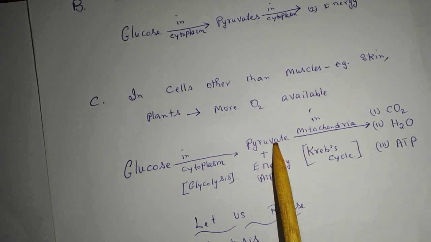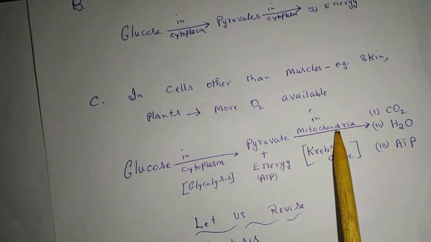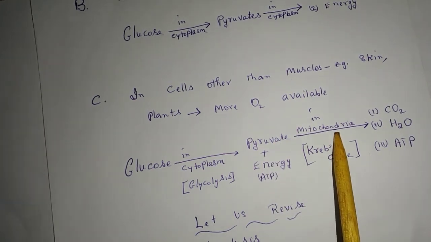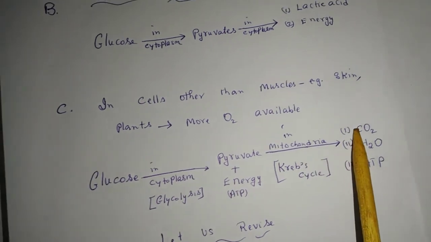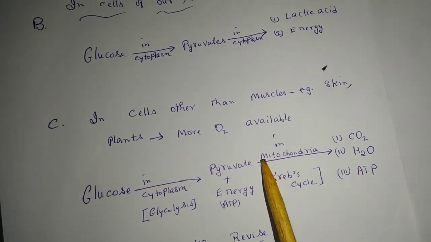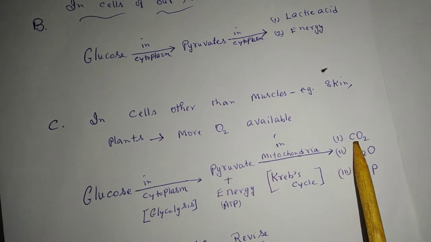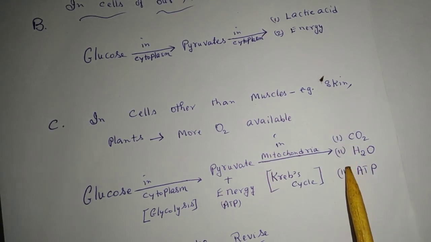This pyruvate will then enter into mitochondria, and inside the mitochondria the pyruvate will be broken down into carbon dioxide, water, and energy or ATP.